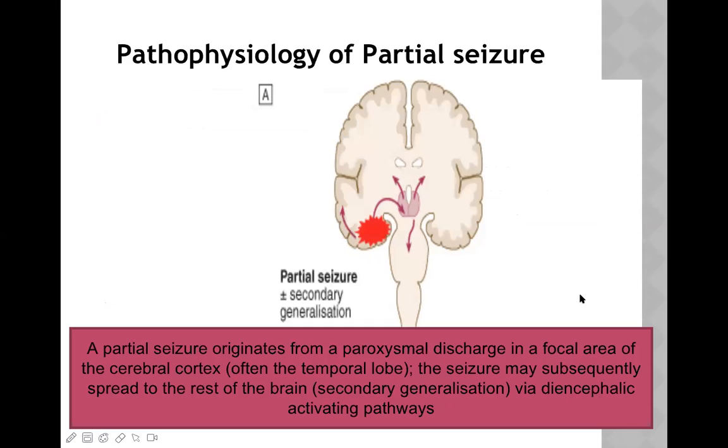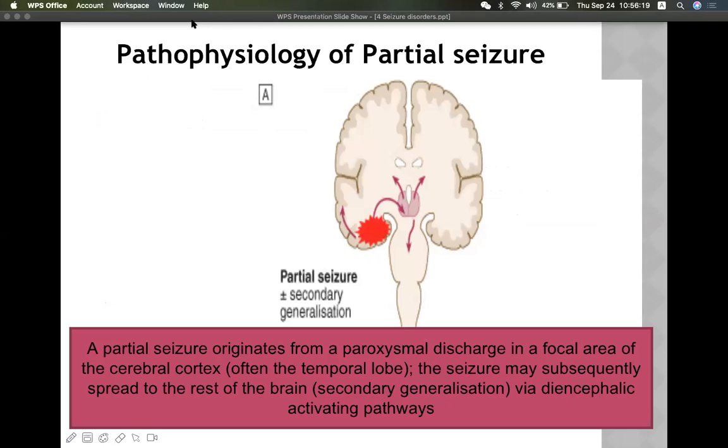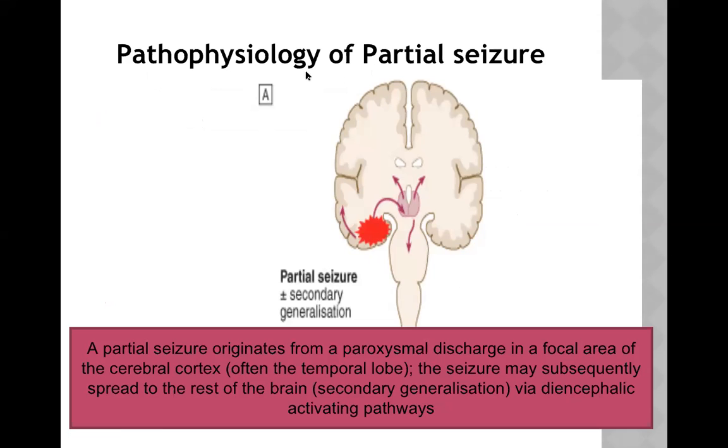Now, the next part of the discussion would be, what is the pathophysiology of seizure disorder? What is the mechanism of seizure disorder inside the brain? Let's talk about the pathophysiology of partial seizure first. Now, pay attention here. Here is the focus.